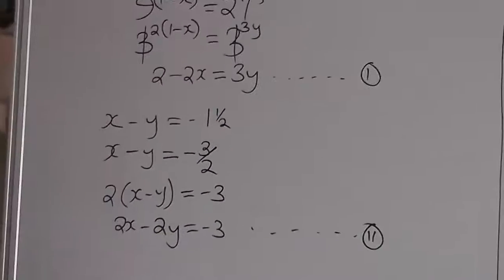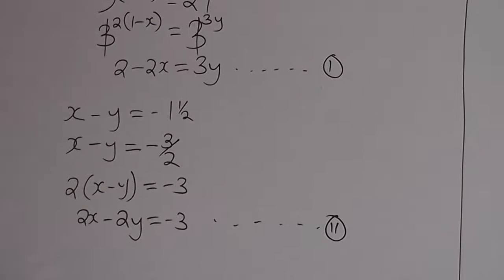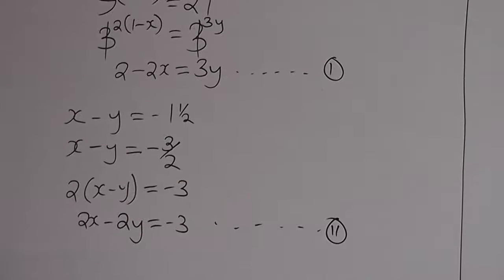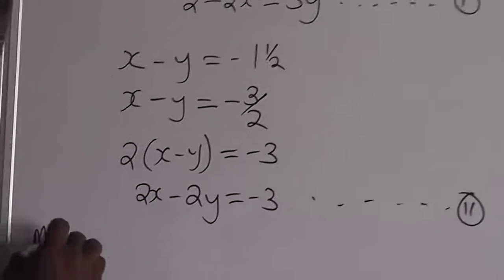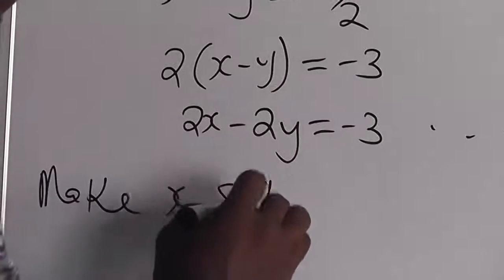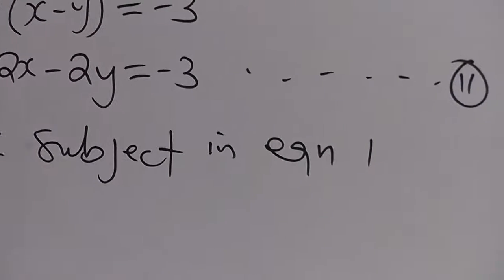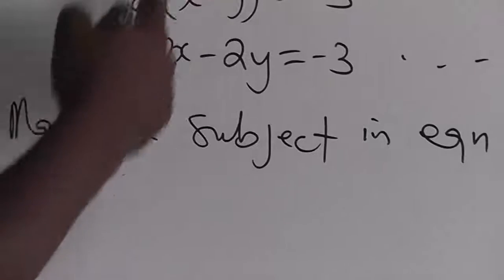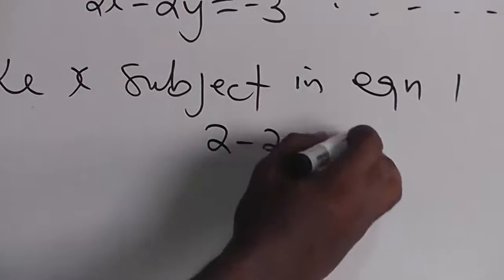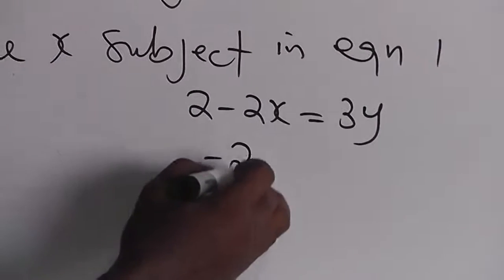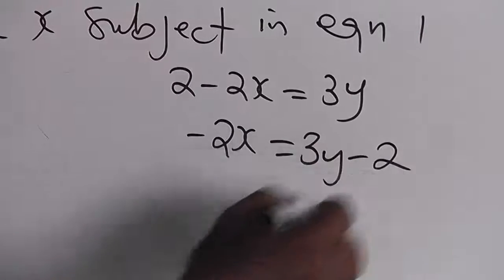Alright, how do we make this easy? We're going to use the substitution method to solve this question. In using the substitution method, let's make x the subject in equation 1, and then substitute it in equation 2. If you're making x the subject, you have 2 minus 2x is equal to 3y. If you collect your like terms, bringing 2 to this side, you have 3y minus 2.